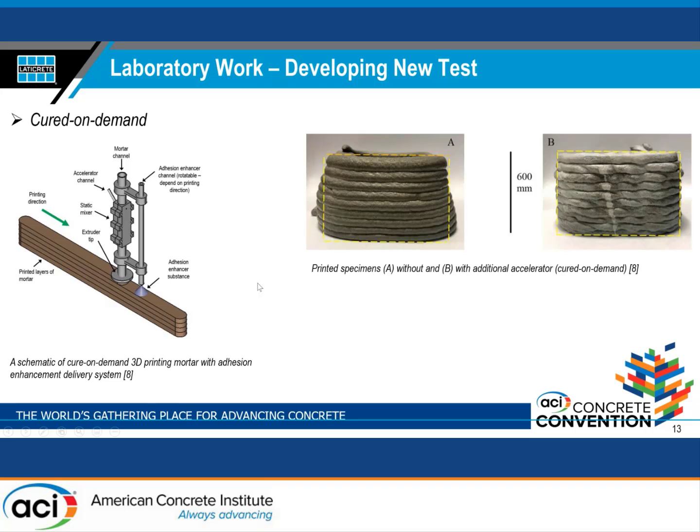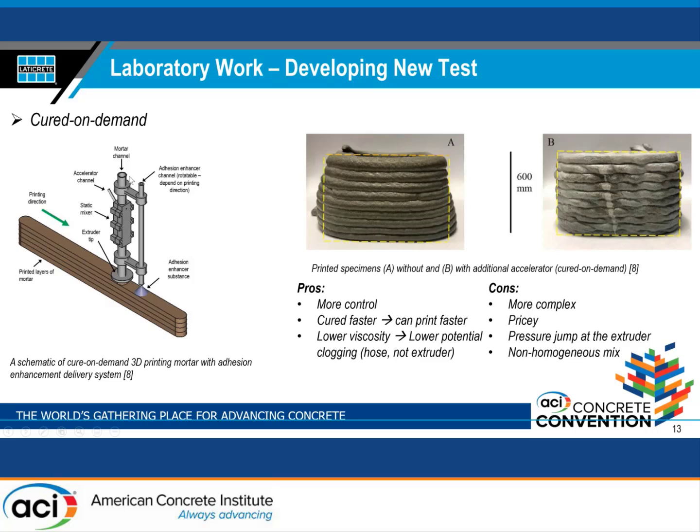The benefit of this method is that we can use a low viscous mortar here, so the risk of clogging in the pump is lower because we use less viscous material. We also have more control, and by accelerating the curing of the material, we can print faster.